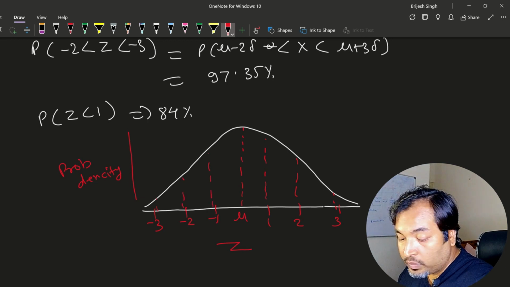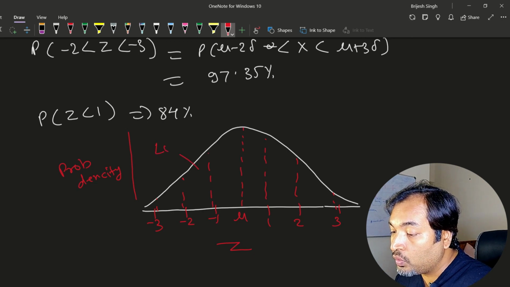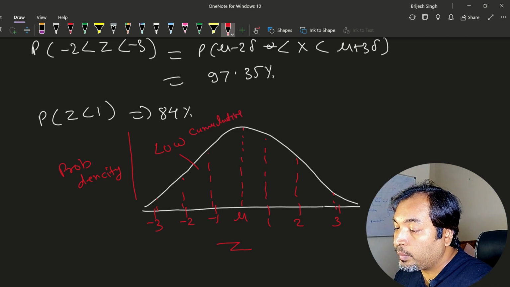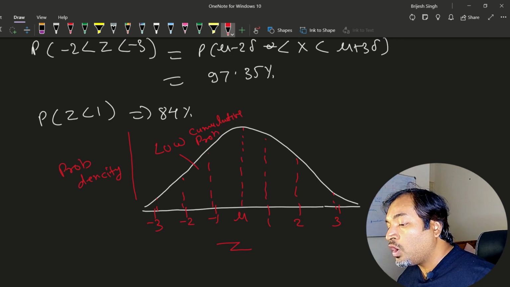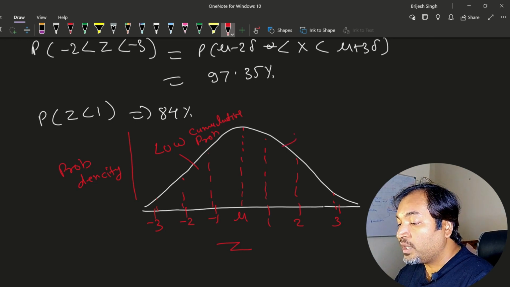As long as you go to the left side, you will get a low cumulative probability. And as long as you go in the positive direction, on the right side of your mean, you will get a high cumulative probability, right?